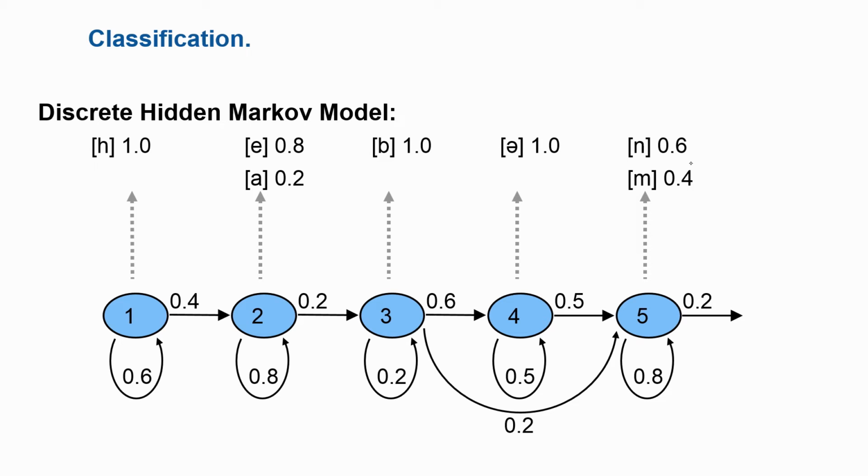And this overall multiplication gives you the probability that this sequence of states has produced this sequence of symbols.